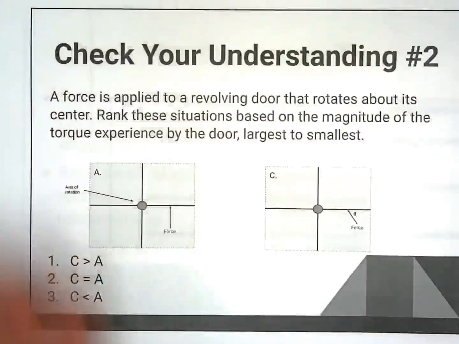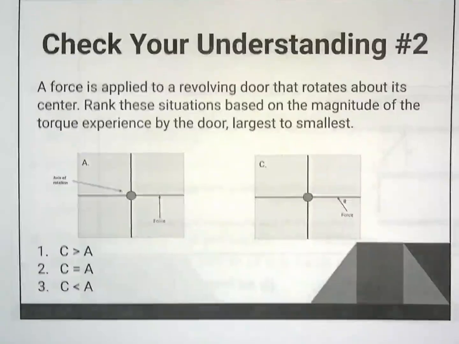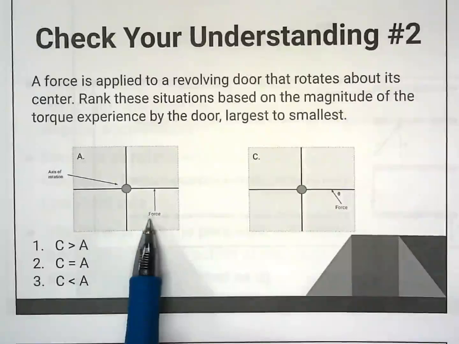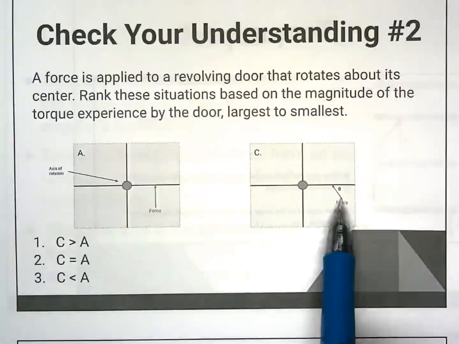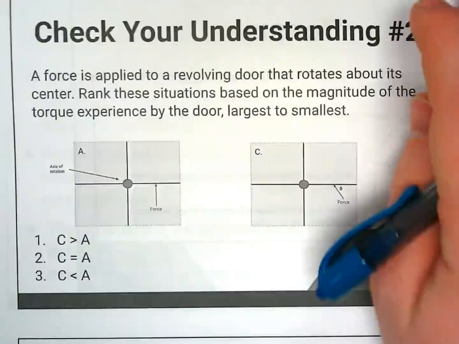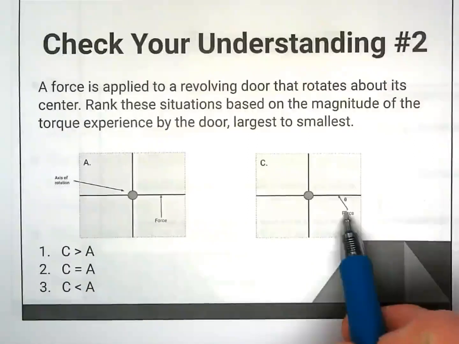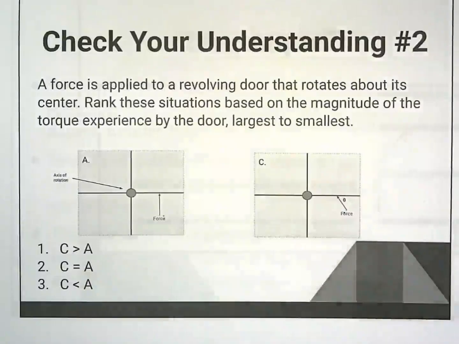Okay, and then for check your understanding number 2, a force is applied, basically it's the same thing. The only difference now is that A is still the same, but now we've got a force of C. Now, roughly speaking, I know this arrow is smaller than this arrow. They really should be roughly about the same size.